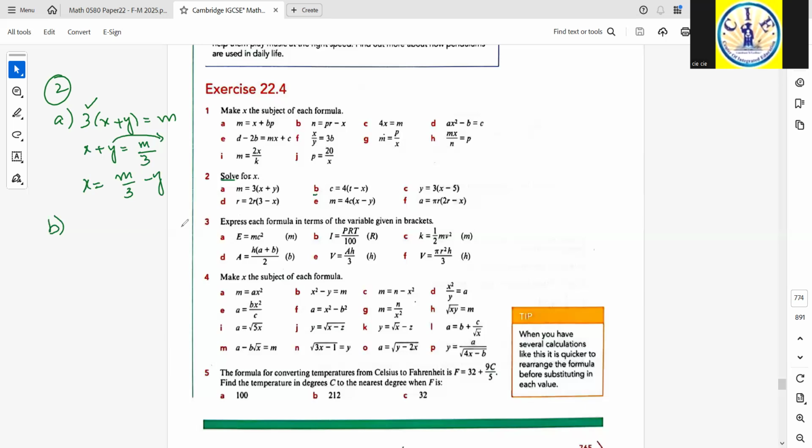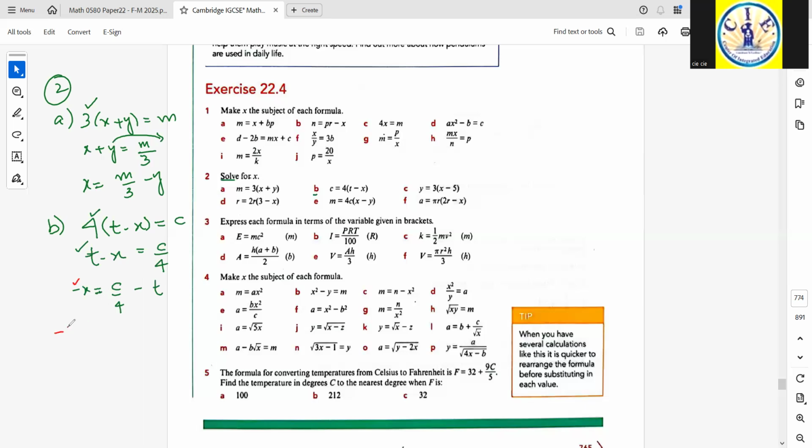Now in part B, again, I'm going to shuffle the sides first. Now this 4 will be shifted on the right side first, c divided by 4. Now this t will be shifted on the right side to make it c by 4 minus t. And then I need to vanish this negative sign.